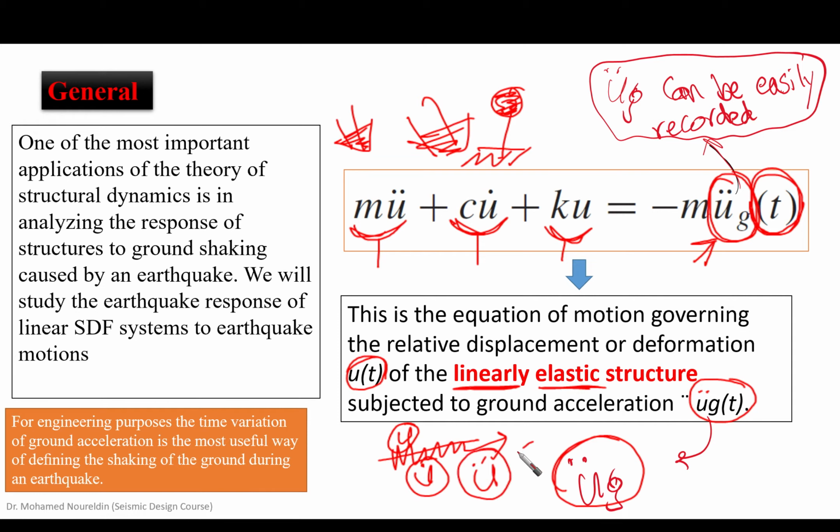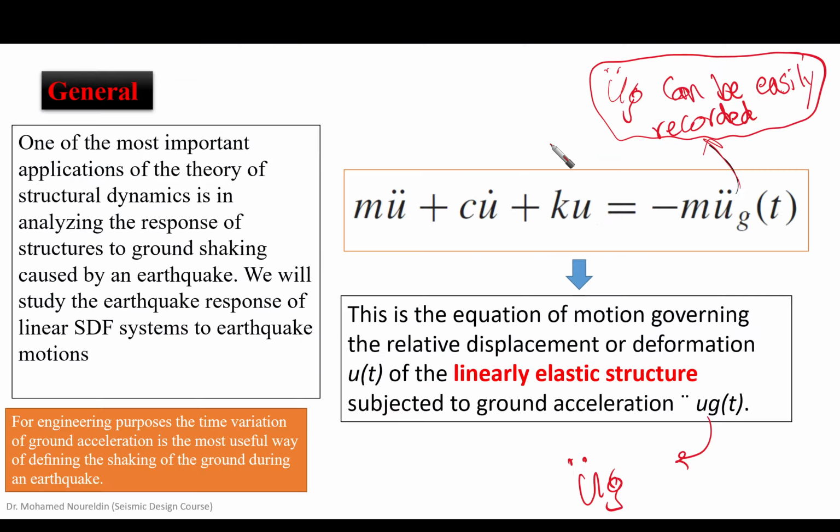Commonly, the devices used for recording earthquakes find it easier to record u double dot than any other component of the wave. So u double dot is easier to record. This is why u double dot g is our main representative of the ground motion.